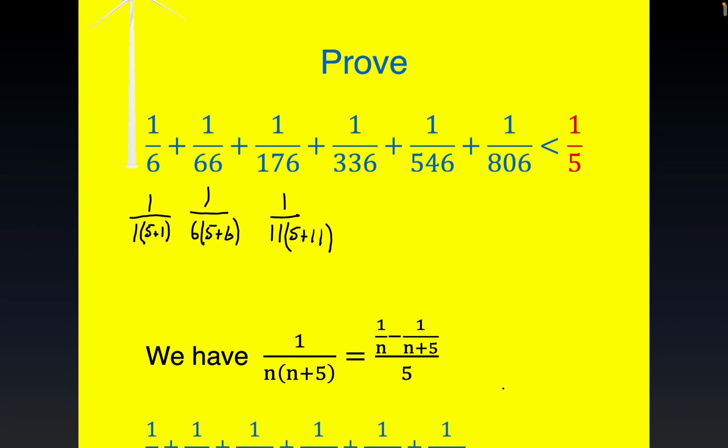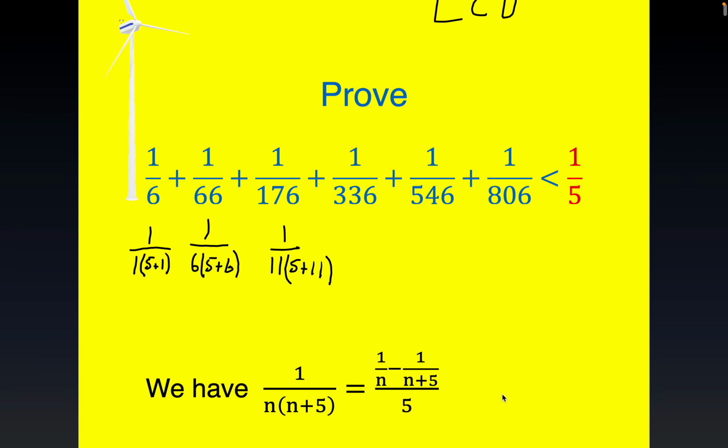So we have this fairly famous result called telescoping. Now you may wonder how this is equal to this. I just wrote this down, but one way to prove this is to write, let me write it right up here, this is a partial fraction sort of concept, I think, 1 over n times n plus 5. This is the left-hand side I'm writing down.